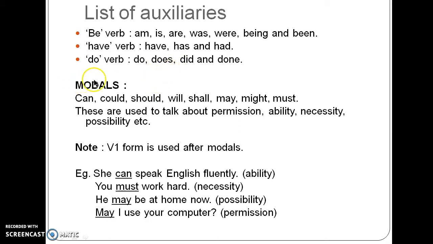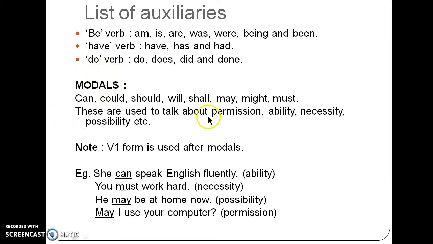Now there are some more auxiliaries. Their function is to talk about permission, ability, necessity, possibility, etc. Examples of these auxiliaries are can, could, should, will, shall, may, might, must. These kinds of auxiliaries are called modals. What is the function of modals?